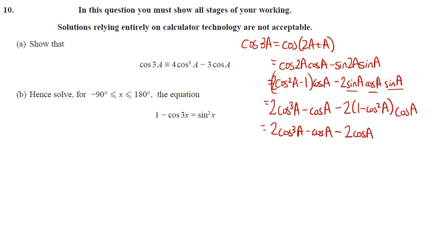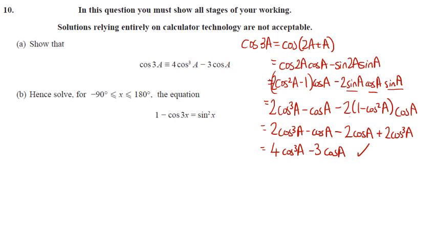Then I've got minus 2 times minus cos squared times cos a, so that's plus 2 cos cubed. Okay, and then last step, just simplifying that, so I've got 4 cos cubed a minus 3 cos a. Okay, that's the first part.